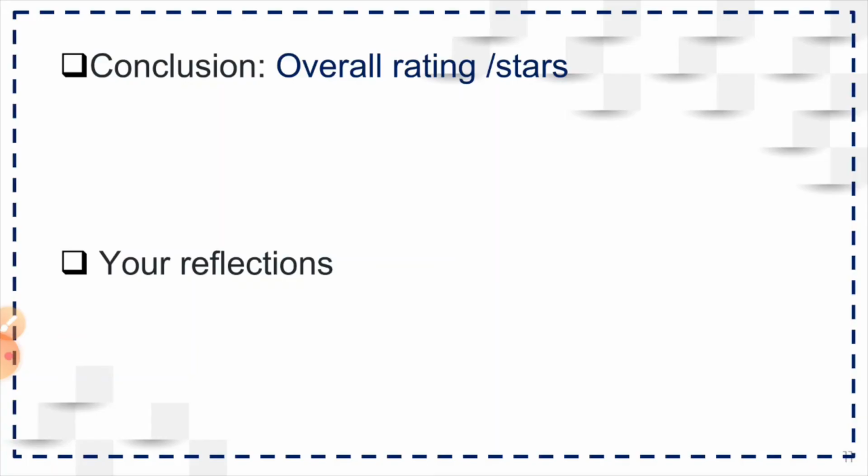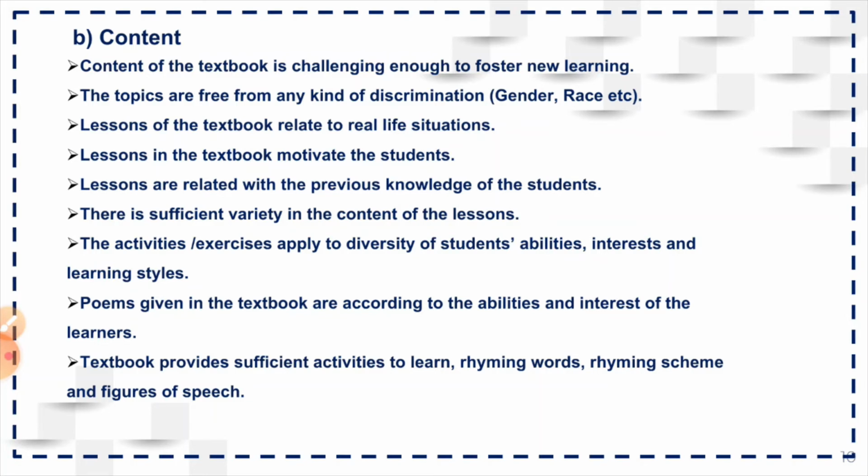So here, what I have done is I have taken the major points of your content quality. There are many more points which can be incorporated according to your learning experiences from the textbook. You have been very close to the students and you know what their needs and interests can be. Accordingly, you can add points here. Here I have just given a sample of the questions or points under which you can write.